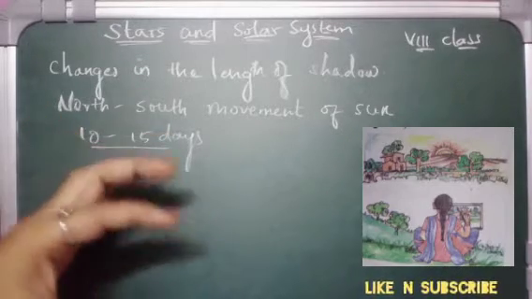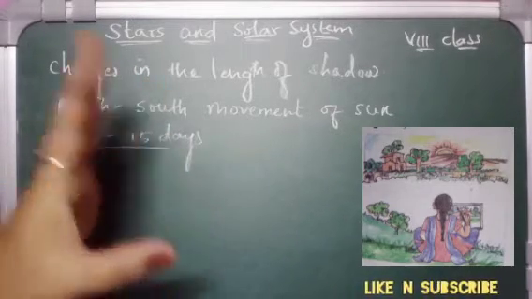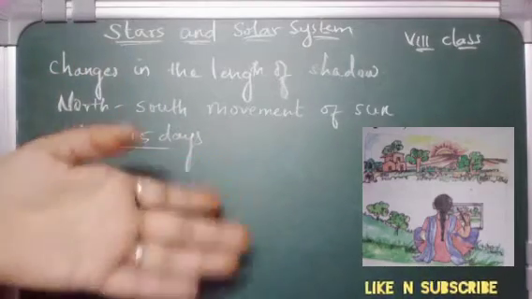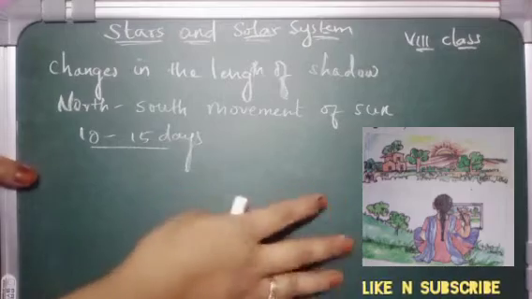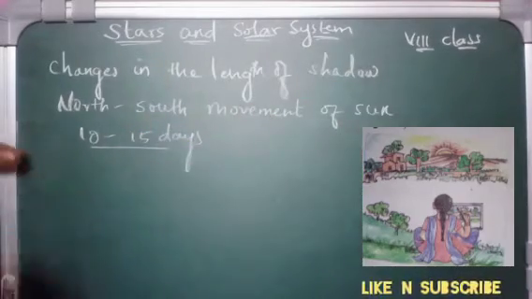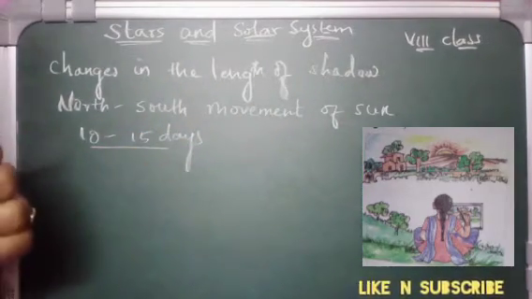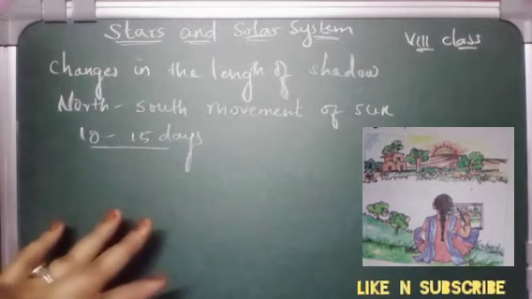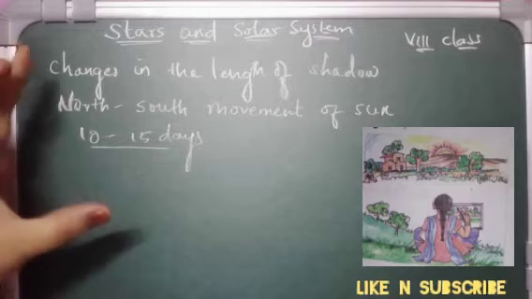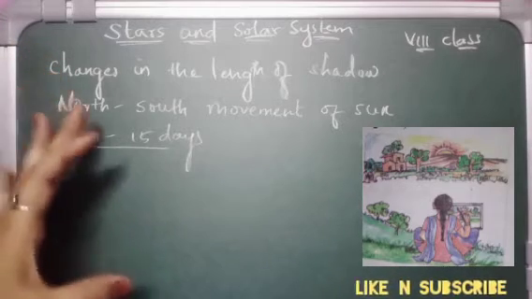We will choose a tree, an electric pole, or some other stationary object at any point. We will sit there and observe it. Then we'll see the spot at which the sun rises daily.